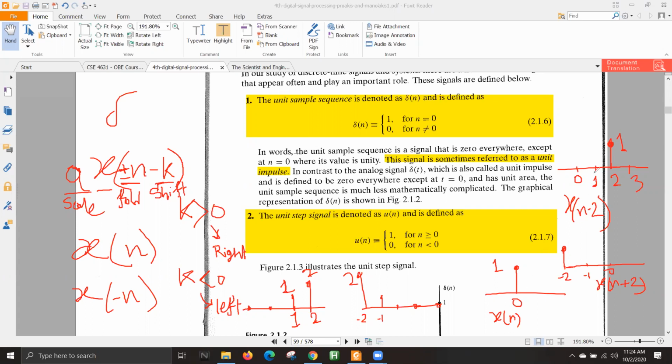This signal is present in here as well, but since this is shifted, you have to adjust it so that this becomes this signal. If you put n equals 2, then this signal becomes exactly this signal. You can already directly see from here: for n equals 2, this signal becomes this signal.